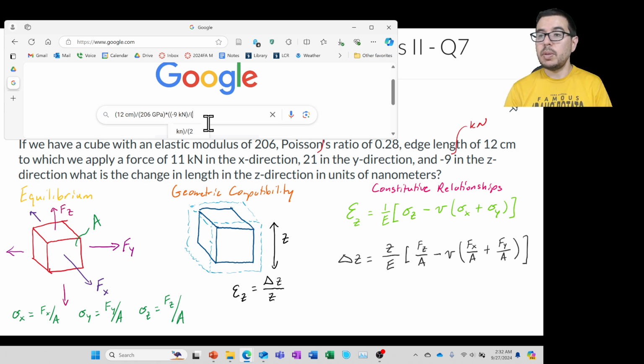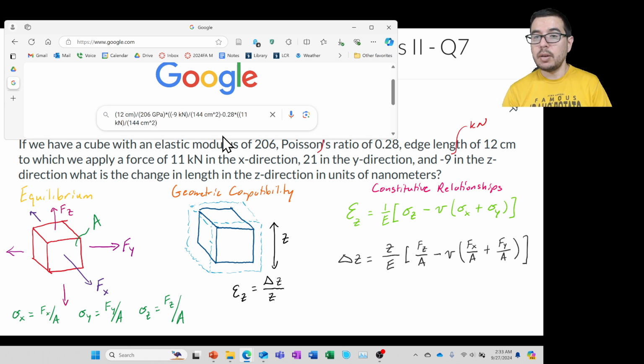divided by the cross-sectional area. I know it's 144 centimeters squared. Okay, and then I'm going to do minus, and my nu is 0.28, times another force: 11 kilonewtons divided by the cross-sectional area, which again is 144 centimeters squared.